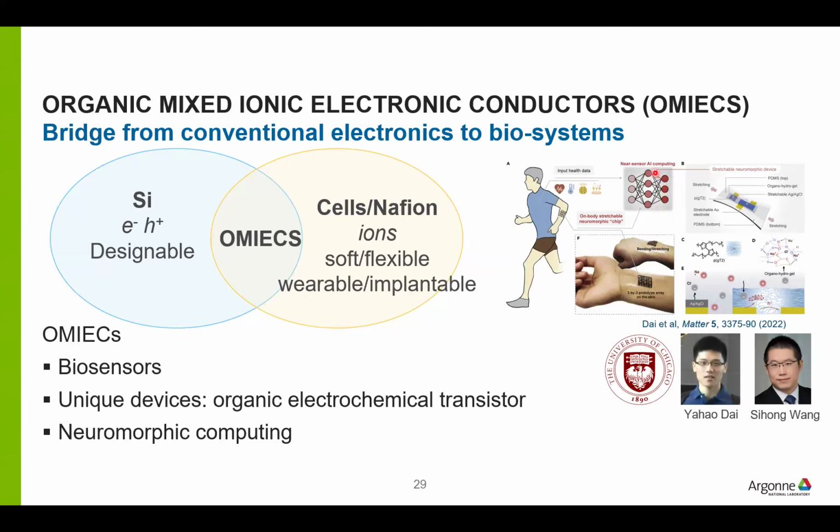And that's another aspect of this, because these OMIX give rise to unique devices, one of which is the organic electrochemical transistor, in which basically the gate material is formed by the OMIX material, and that means that the influx, the doping of that material by ions present in the aqueous medium affects the transconductance of that material.